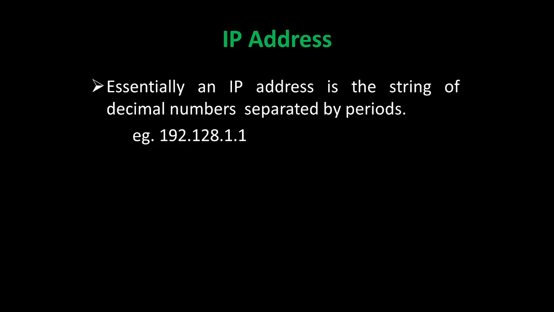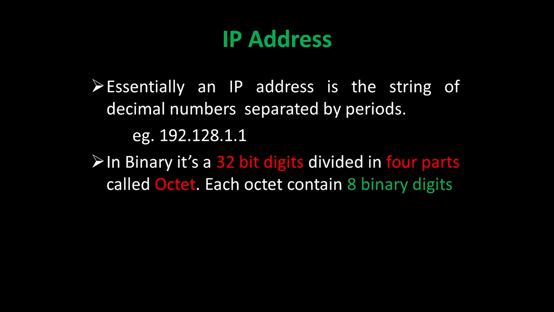However, you recall in first year when we were talking about data representation, we learned that computers do not fully use decimal numbers. They actually use binary. You remember that? So if you are to express an IP address in binary, then it is actually 32 bits divided into four parts, and these four parts are called octets. Each octet contains 8 binary digits.